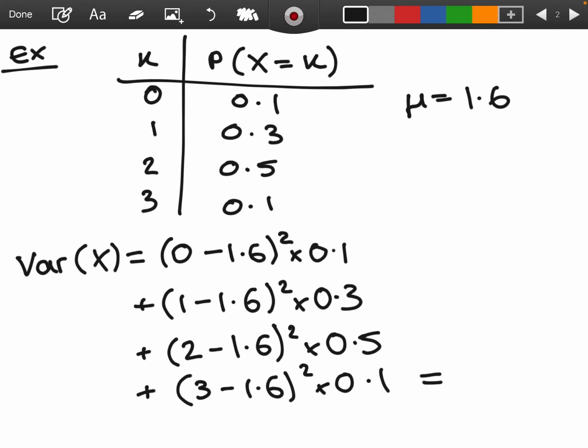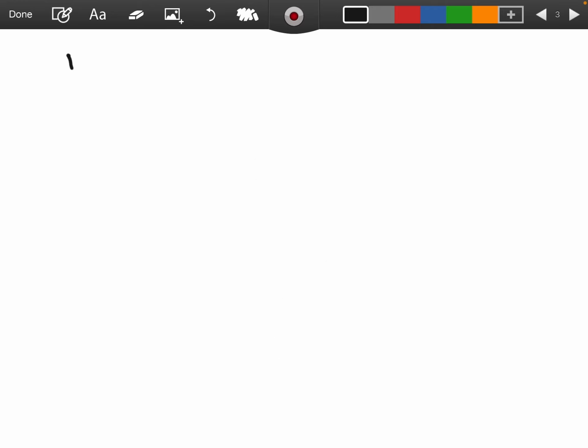And when you do that, you should find that this comes out to 0.64. Okay. There is another way of doing this, which can be slightly easier, especially if you've got a ton of data points. Okay.